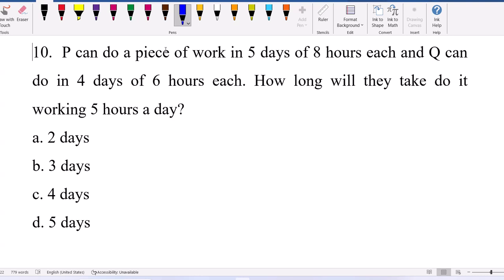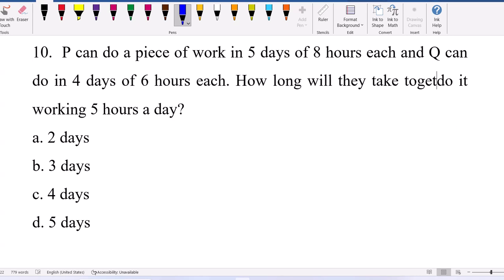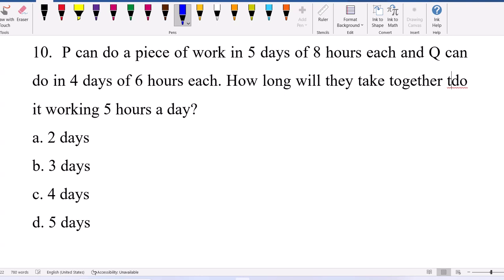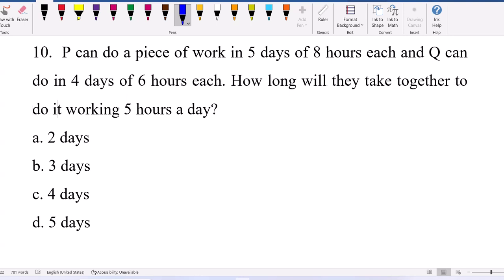How long will they take together to do it, working 5 hours a day?